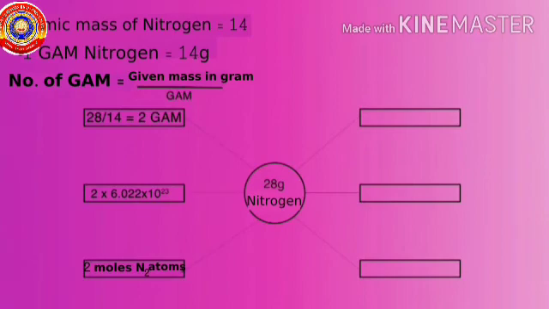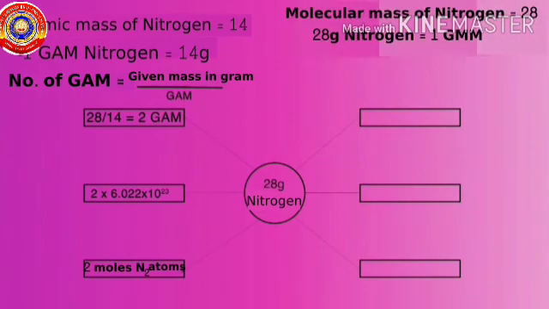Nitrogen is a diatomic molecule and the molecular mass of nitrogen will be 2 into 14 is equal to 28 gram. We know the mass of a substance equal to its molecular mass is called 1 GMM or 1 gram molecular mass of that substance. Molecular mass of nitrogen is 28. Therefore, 28 gram nitrogen is equal to 1 GMM.